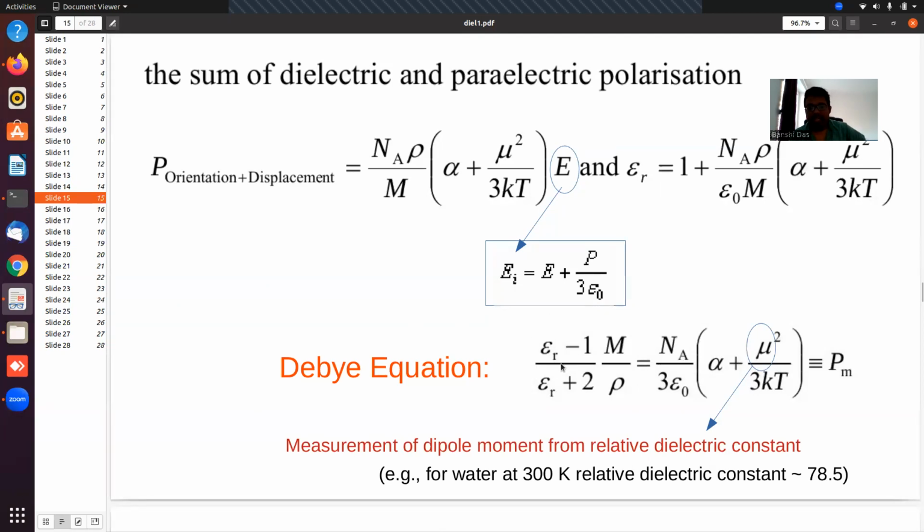So if we plot this quantity, the molecular polarization, this is just nomenclature, with respect to 1 by temperature, then from the slope we can measure the molecular dipole moment, the microscopic dipole moment of that system, which responds to the electric field.